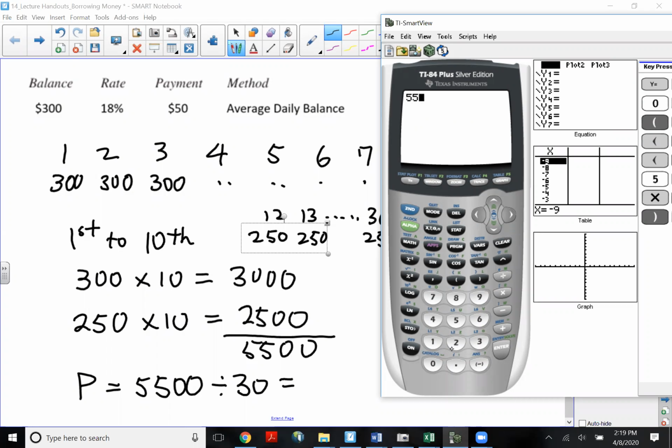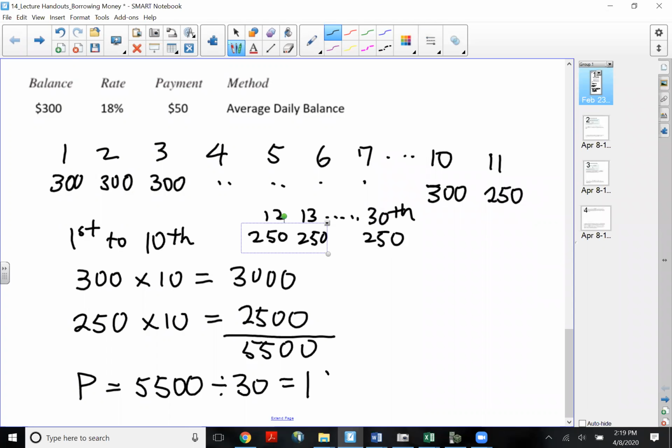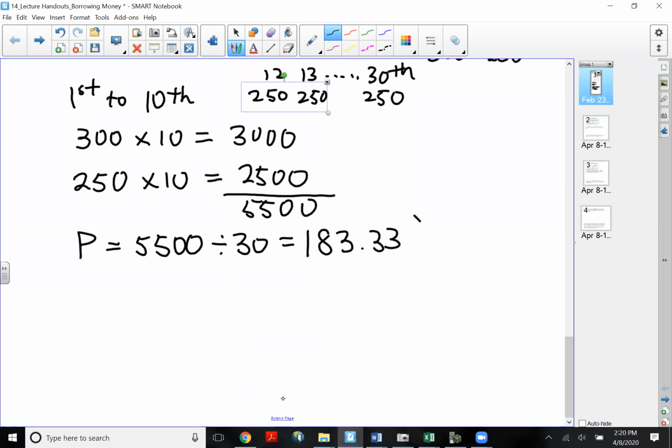On average, I owe them $183.33. So this is the P that I will use to compute my interest.